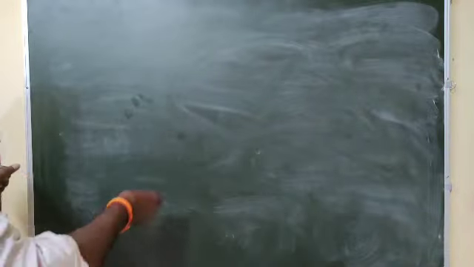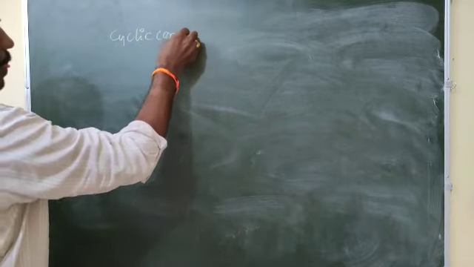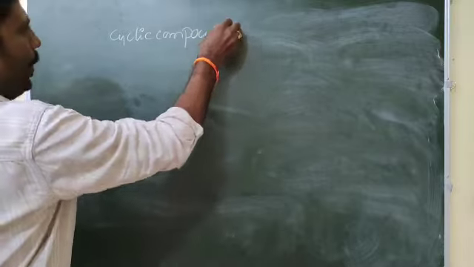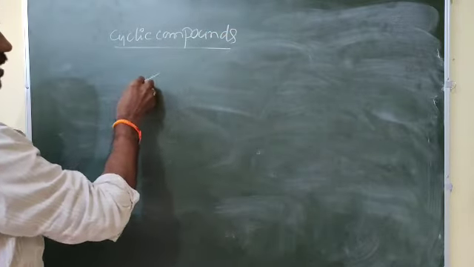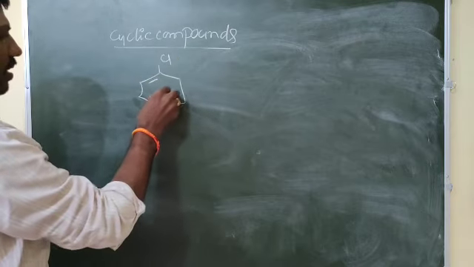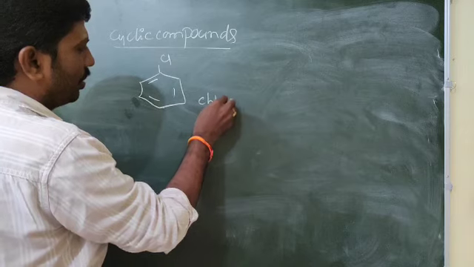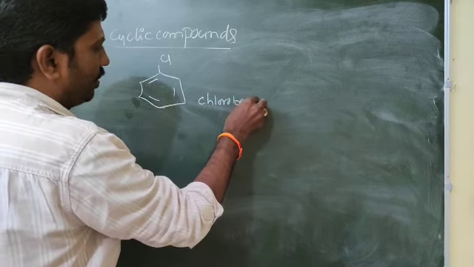Okay, now cyclic compound names. I will write some cyclic compounds now. How will we do the numbering? This is chlorobenzene.